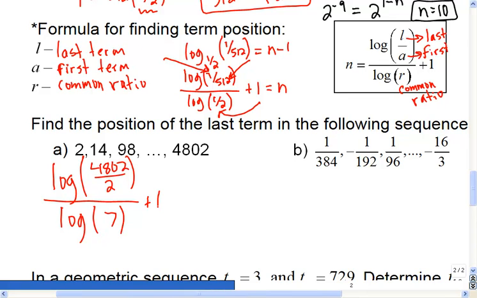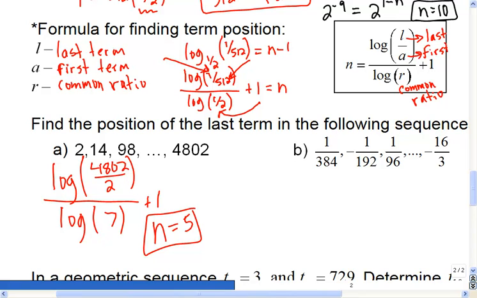So in one sweep, I can put that in my calculator, and I end up with log 4802 divided by 2 divided by log 7, and I get n equals 5. Okay. So again, the disclaimer is, if you like that formula, you need to know it. It will not be provided.